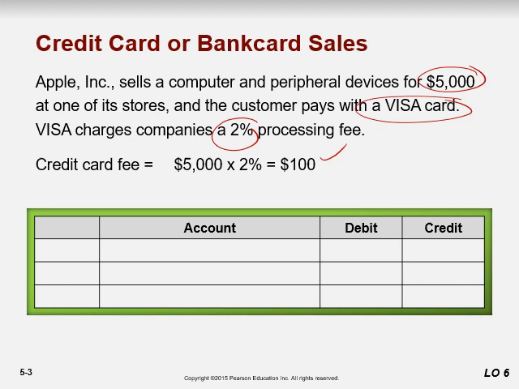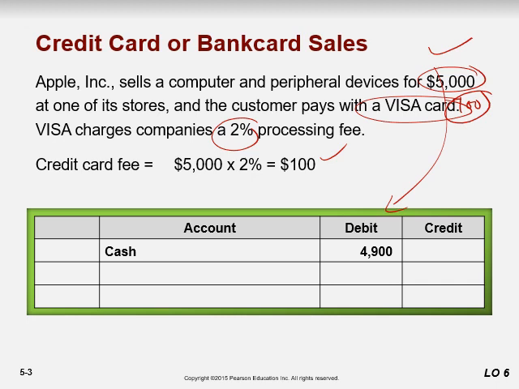So the entry would be, you receive cash 5,000? No, you receive cash 4,900. Why? Because the transaction goes to the bank account, then the bank takes 100 as a charge.